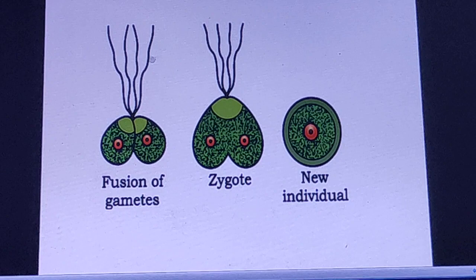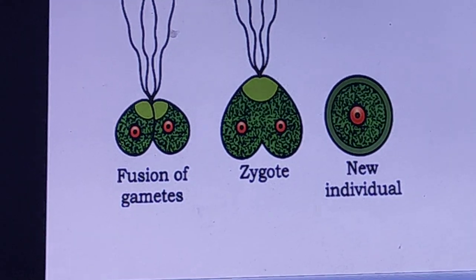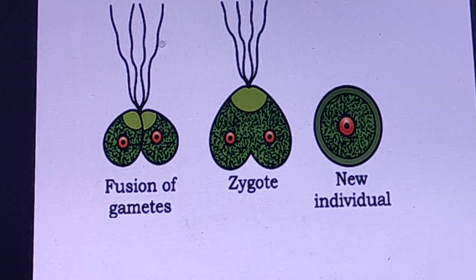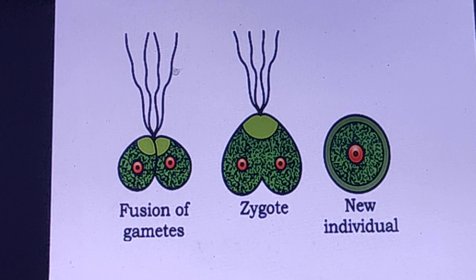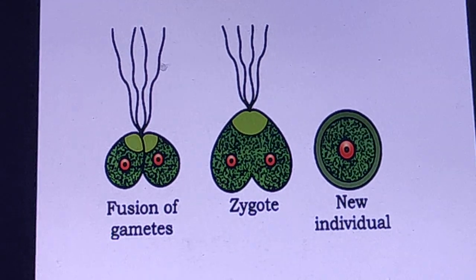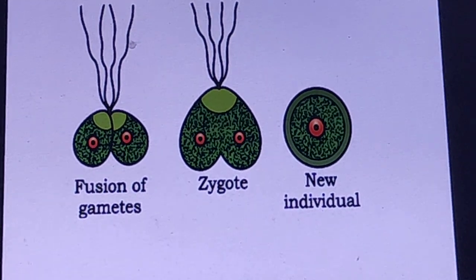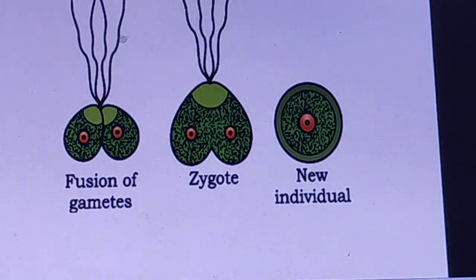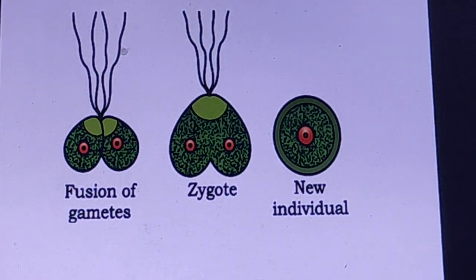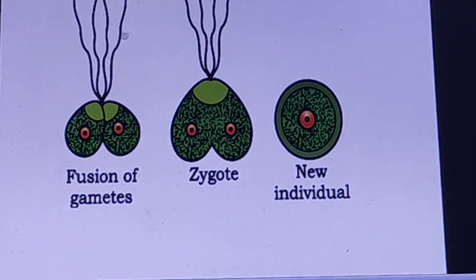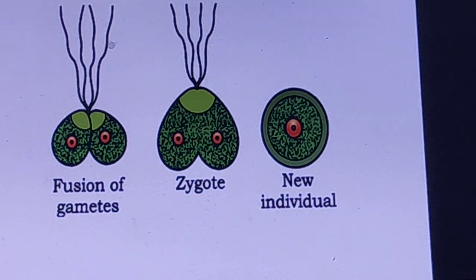So here you see, this is the example of an algae. What happens, already I have told you and also explained. In case of algae and fungi, during favorable conditions, they undergo asexual reproduction. But when the environment is unfavorable, unsuitable for their growth and development, they undergo sexual reproduction. Why?